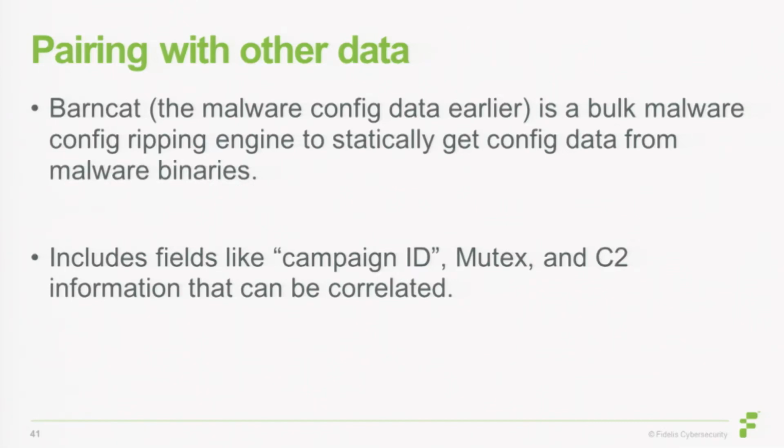The system has almost 100,000 malware configs in there. But it also has a lot of metadata that would otherwise be unavailable with just sandboxing. So settings like campaign ID, mutex, file paths, C2 information, all of that can be correlated with other things to start seeing patterns of behavior.